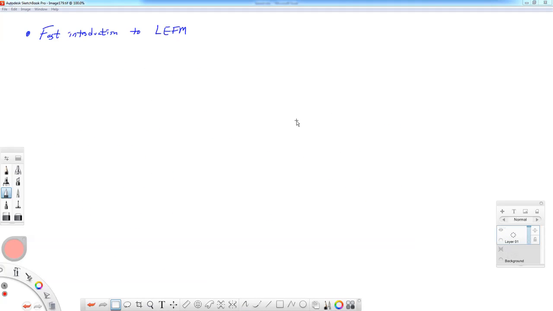Alright, so what is fracture mechanics in general? Fracture mechanics is the study of bodies that contain cracks. Sounds simple enough.